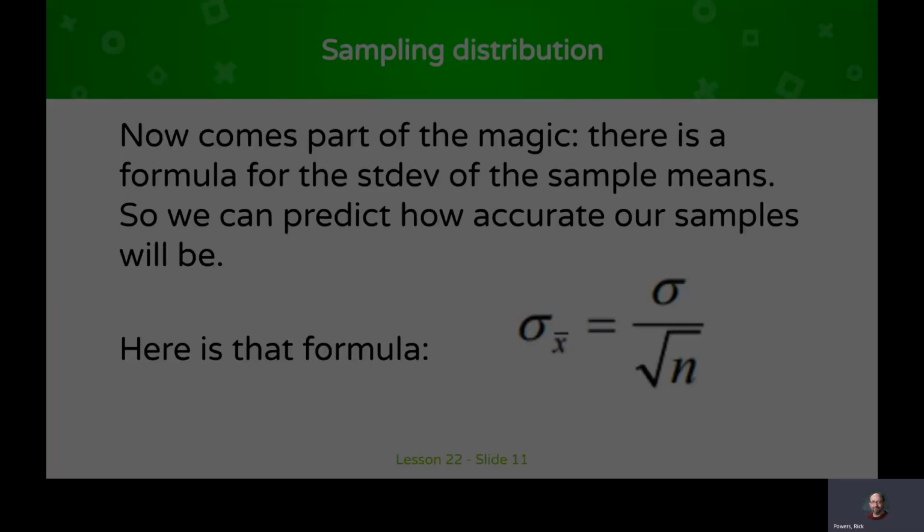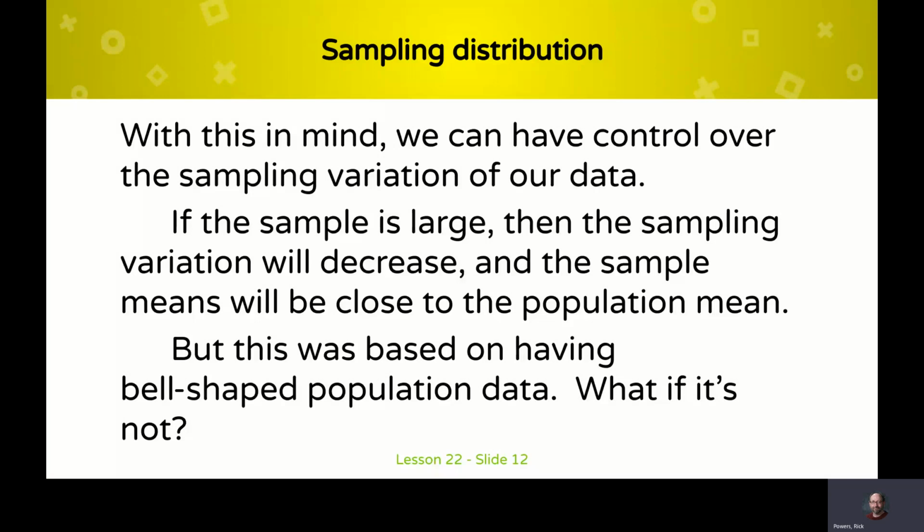With this in mind, we can have control over the sampling variation of our data. If the sample is large, then the sampling variation will decrease, and the sample means will be close to the population mean. But this was based on having bell-shaped population data.